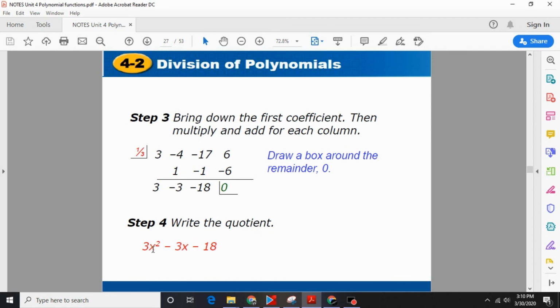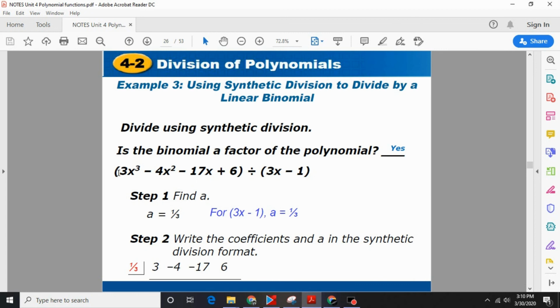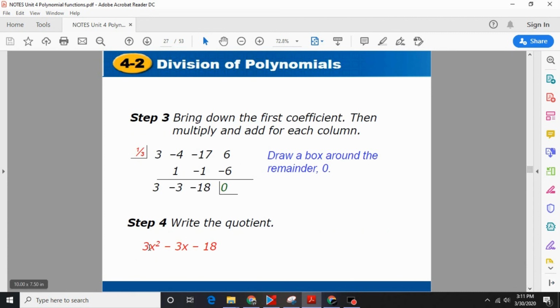So to compare the original problem, which is this, divided by this number, to get the exact same graph, your final answer would actually be x squared minus x minus 6, because I divided all of those numbers by 3. That came from right here.